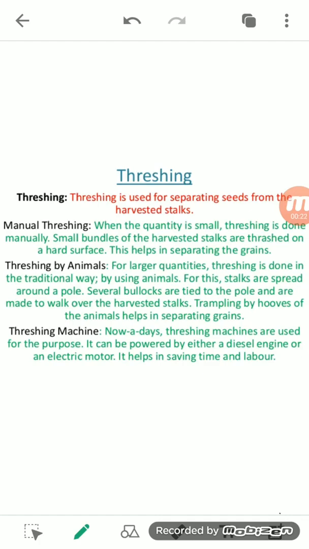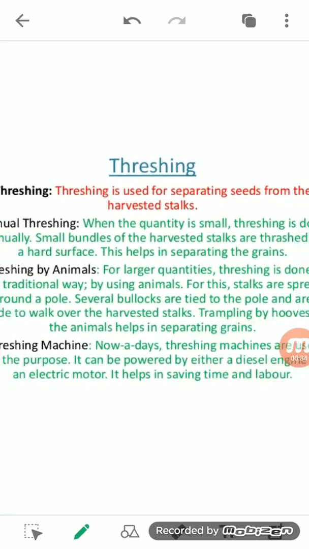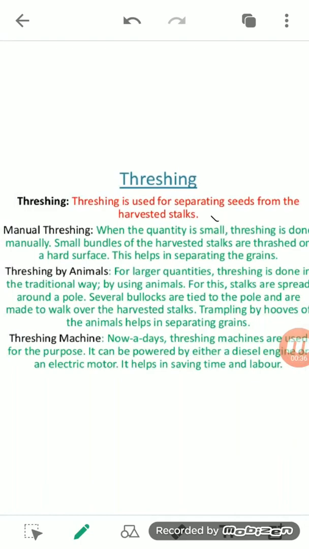Grain gets separated from the husk by threshing, and it may be done manually or with the help of a machine. We can define threshing as the process used for separating seed from the harvested stalk, like the wheat stalk, the rice stalk, or the pulses. These can be separated by the process of threshing.